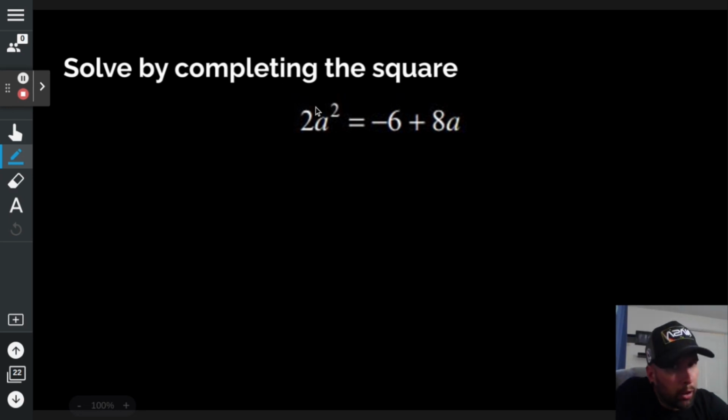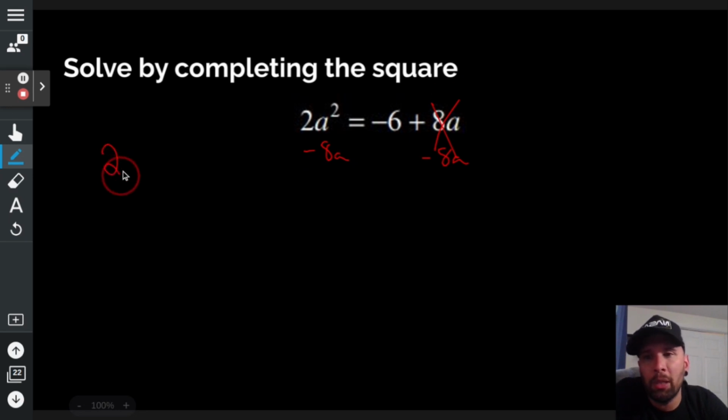I have my variable squared on the left. Ooh, my variable's on the right, but my constant's on the right. So the only thing that I have to do right now is subtract 8a from both sides. So I have my variables on the left and my constant on the right. So that gives me 2a squared minus 8a equals negative 6.